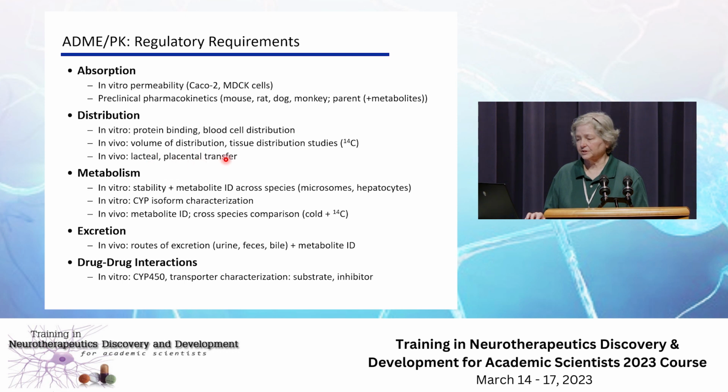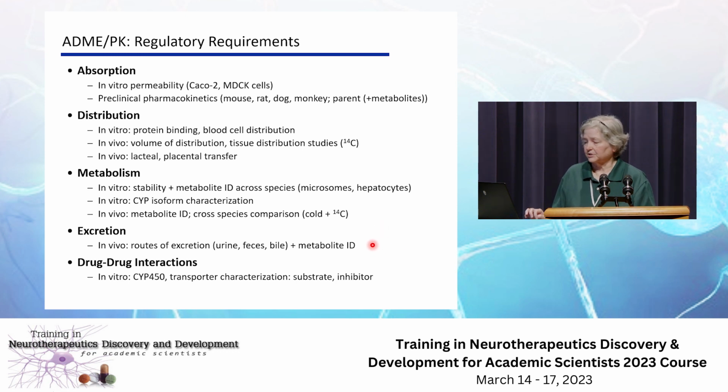Placental and lacteal transfer is a study that is done later in clinical development. We're going to want to understand the metabolic stability because this goes into predicting the human pharmacokinetics and also helps select the tox species. We want to understand how the compound is metabolized. We want to look across species, as I just showed the example, at the different metabolites to see which ones are going to be more predictive of humans.